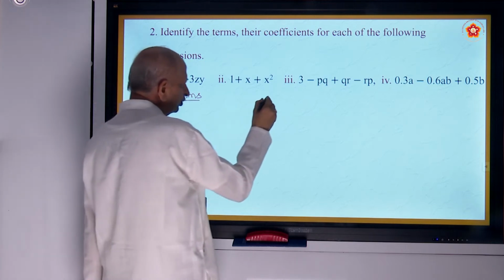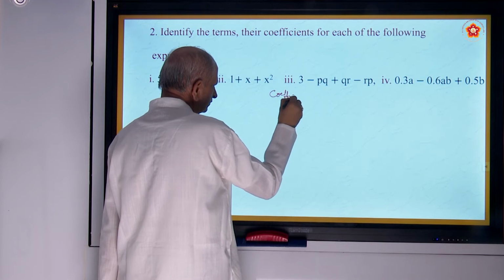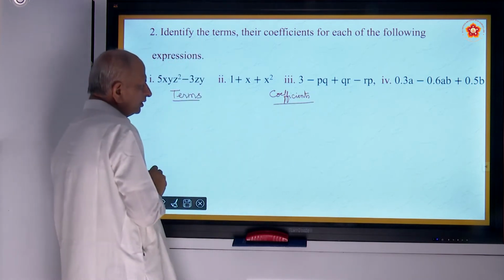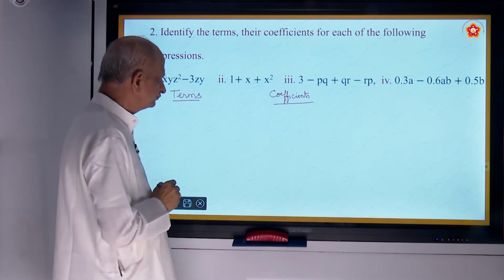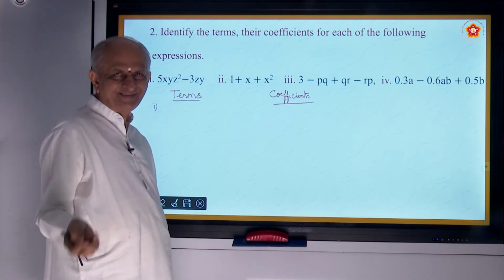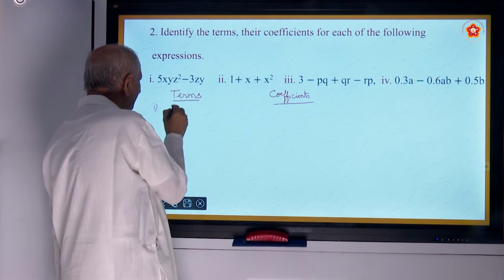Second column is coefficient. Come on, one by one. In the first question, who will tell? From there only tell, okay? What is the term here?